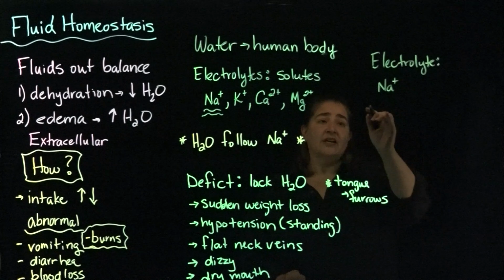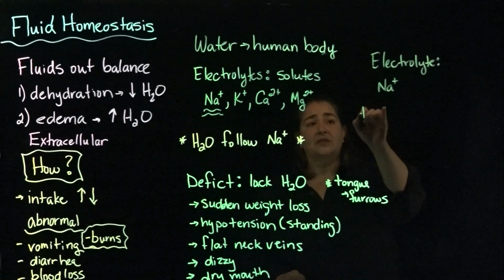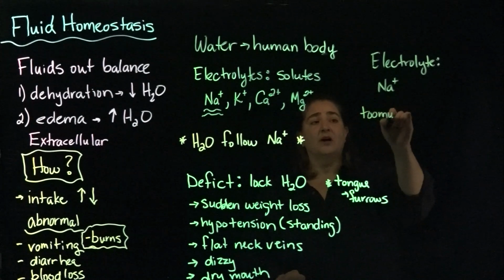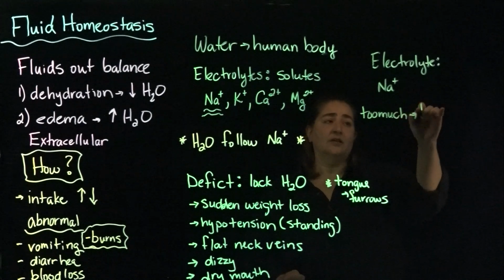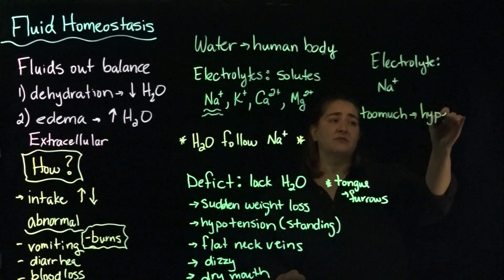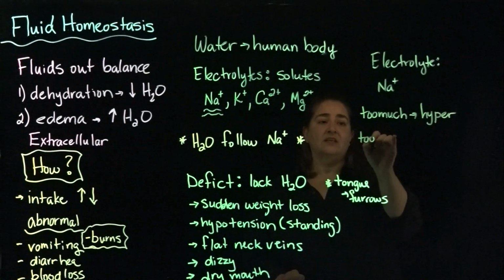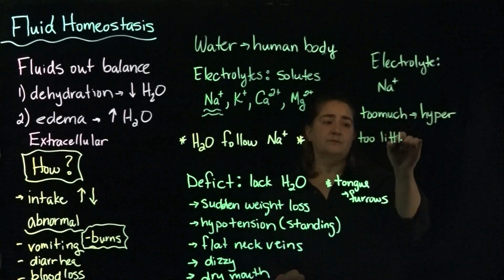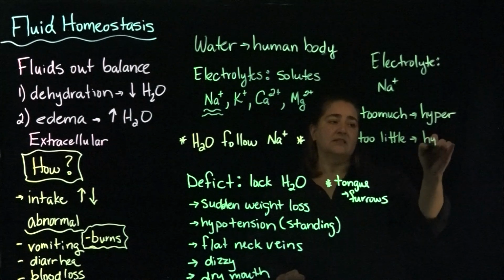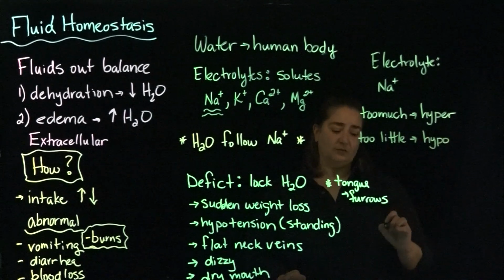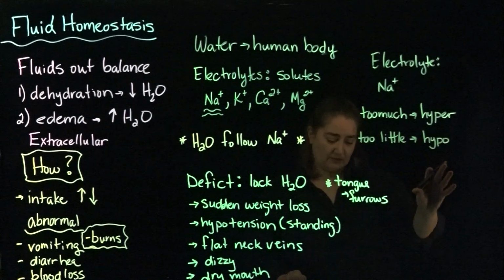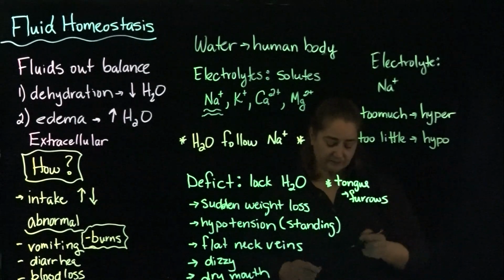With the electrolytes, there can either be too much. If there's too much of something, you're going to see hyper. If there's too little, it's going to be hypo, okay? As far as that goes.